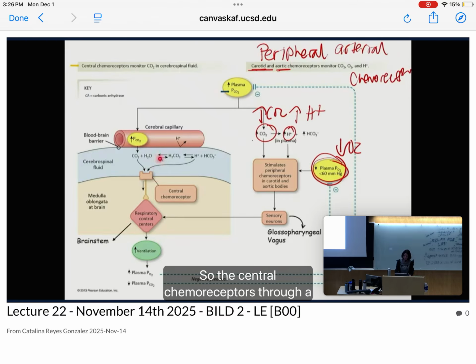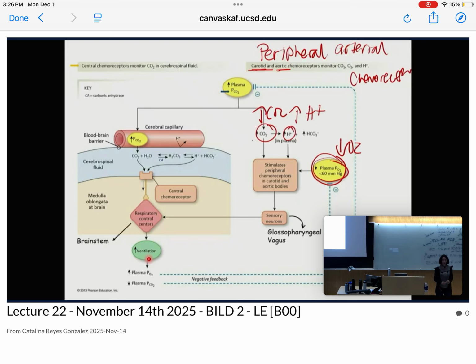The central chemoreceptors signal through a receptor right there in the brainstem, and the peripheral arterial chemoreceptors through the glossopharyngeal and the vagus nerve onto that respiratory control center in the brainstem, and they're going to cause a change in ventilation. Okay?